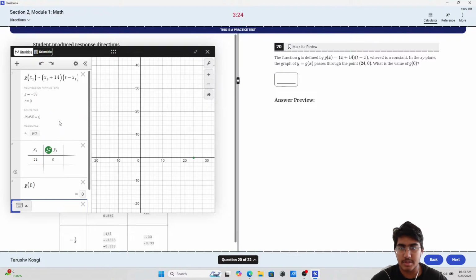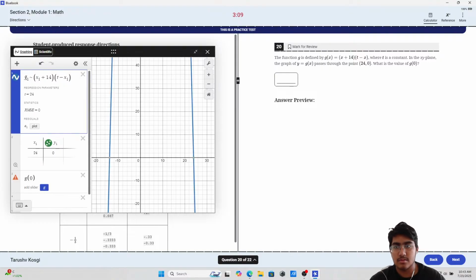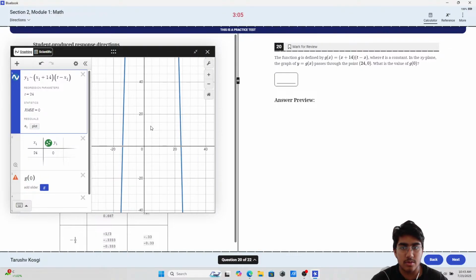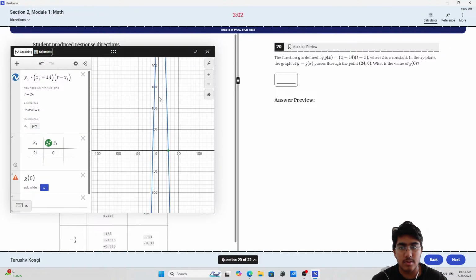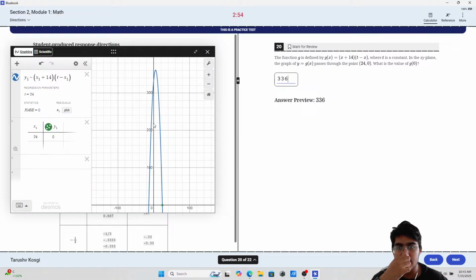Why can't I paste it? I guess it thinks that. Okay, t is 24. So when x is 0, then 336. Seems a little interesting here.